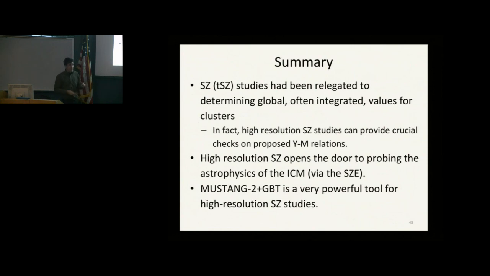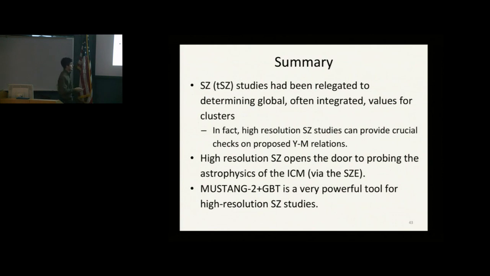We can also look at pressure fluctuations and start to compare mass estimates from pure hydrostatic equilibrium versus accounting for non-thermal pressure support, and see how important non-thermal pressure support is. We can go even beyond that and look at shocks or, well, a different version of non-thermal pressure support, cosmic ray support.